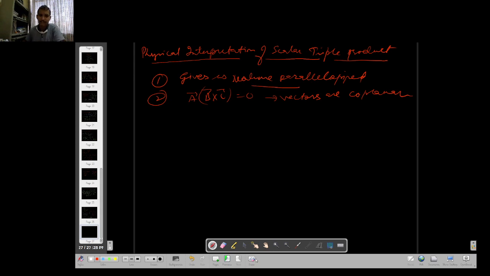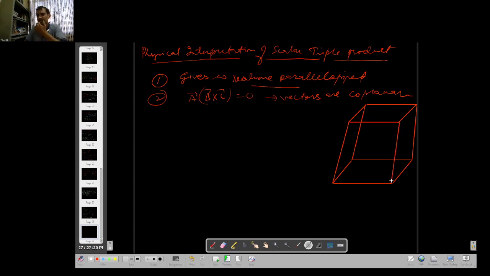So consider a diagram. So this is a parallelepiped which we have considered.